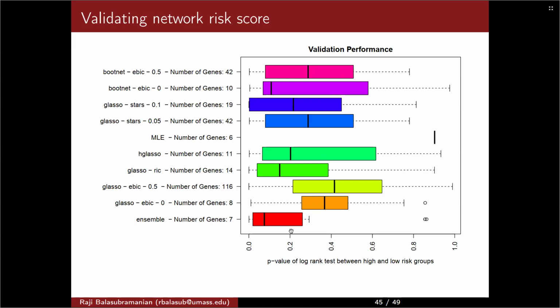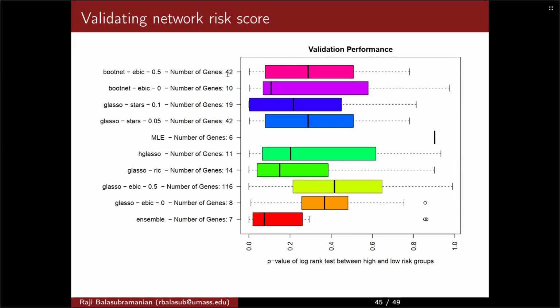These p-values were all highly significant in these independent data sets, saying that the score that was informed by the SpiderLearner estimate was doing a pretty good job in separating those with low survival from those with longer survival. In contrast, we tried the same approach, but we replaced the network estimate by each of the individual methods in our toolbox. First of all, many of the methods picked a lot of hub genes.